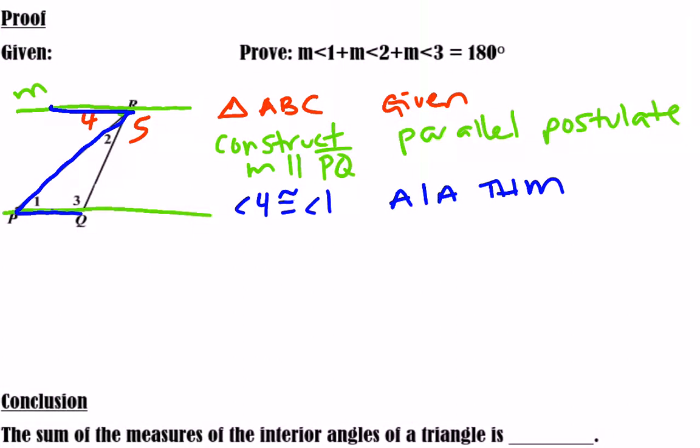I also know that angle 5 is congruent to angle 3. And that's also alternate interior angles.